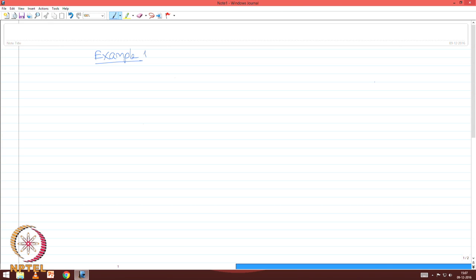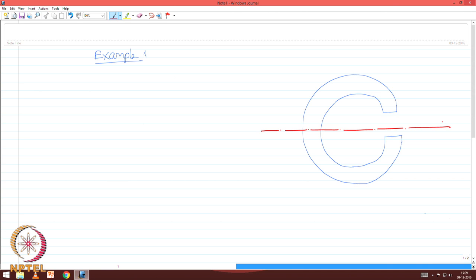which can be a section like this. Let us say this becomes the center.